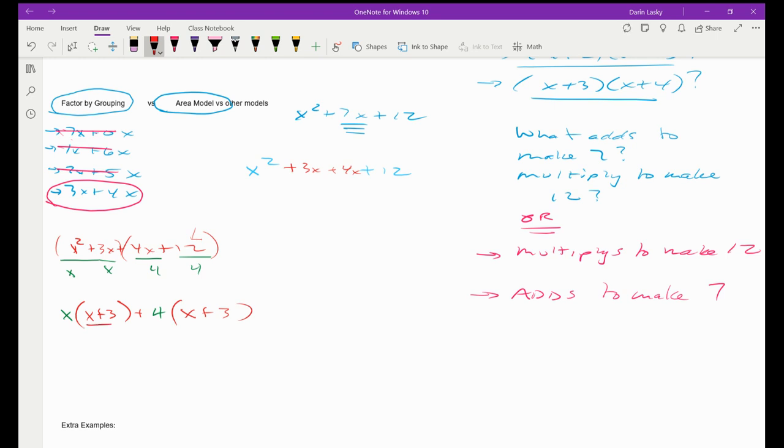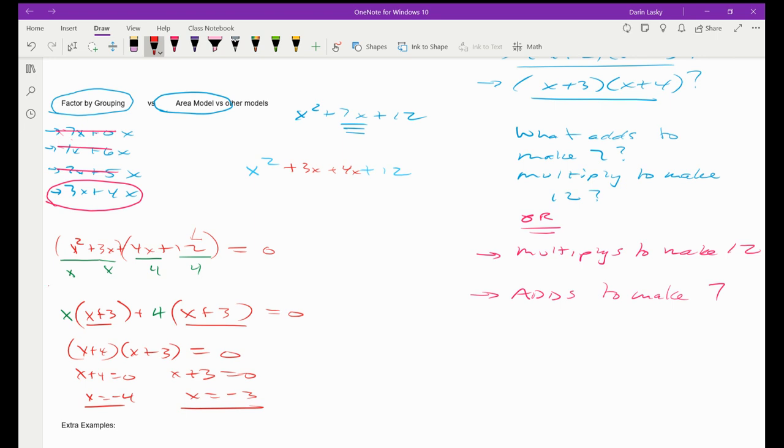Remember, these want to match, and my new answer is x plus 4 times x plus 3, and that's going to equal 0, because remember, we're solving these things. So if that's the case, then I just set each one of my answers equal to 0, and I get x equals -4 and x equals -3.